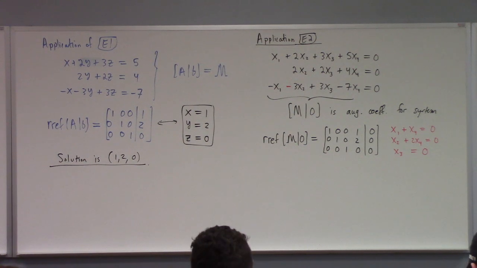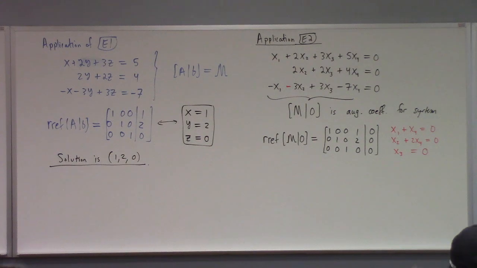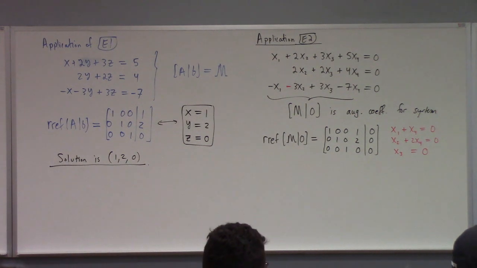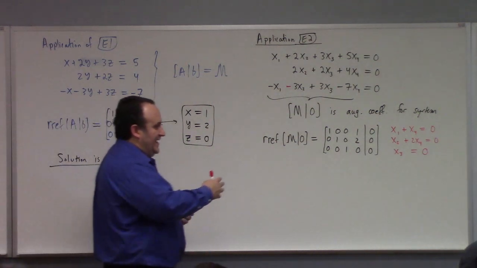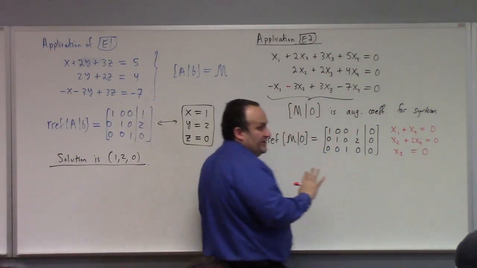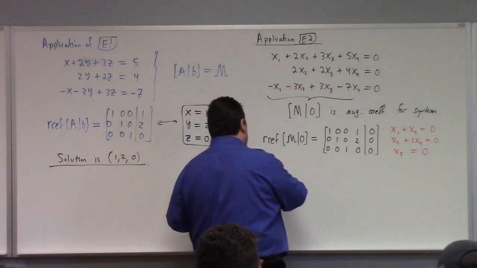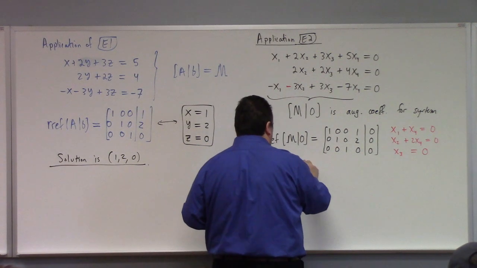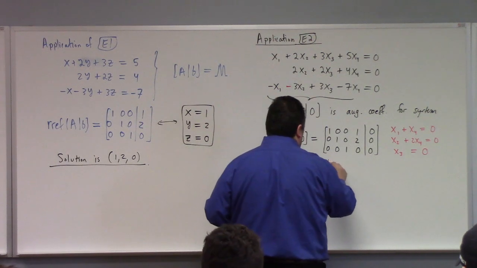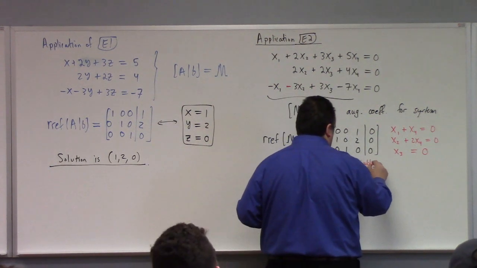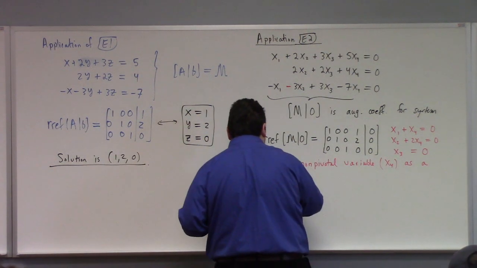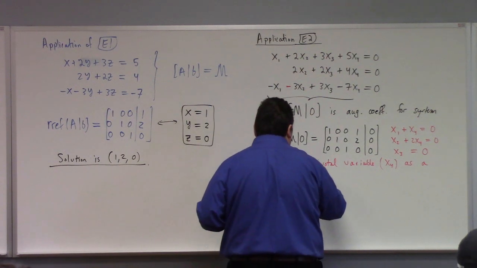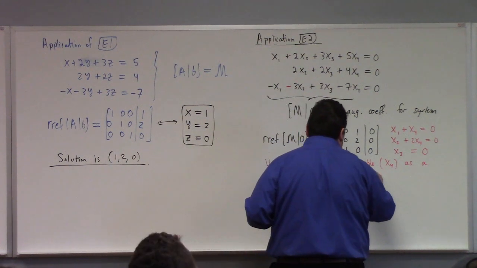The reason that we do row reduction is because it automatically takes the system which we're given, which may be all intertwangled and nasty, and turns it into something that we should all be able to just read the solution straight off of, because we can always take these reduced equations and rewrite them so we can use the non-pivotal variable, which in this case is x4, as a parameter for the solution set.